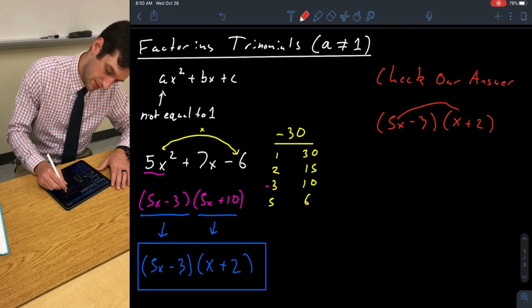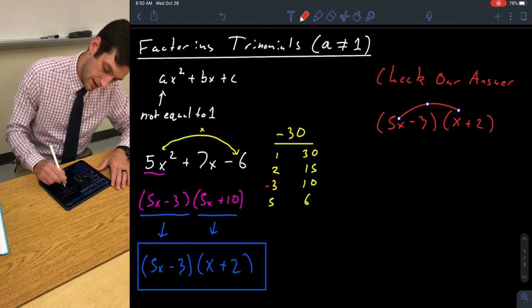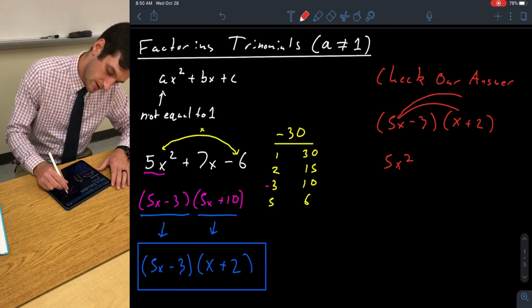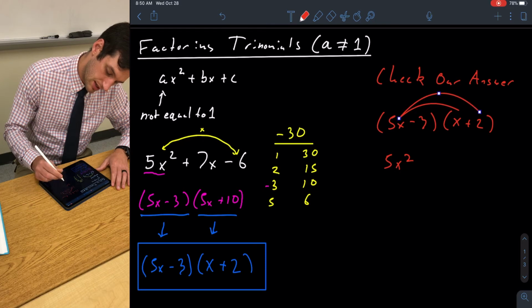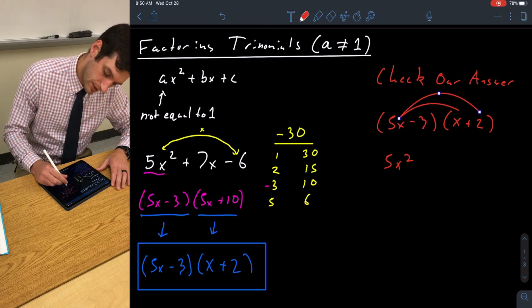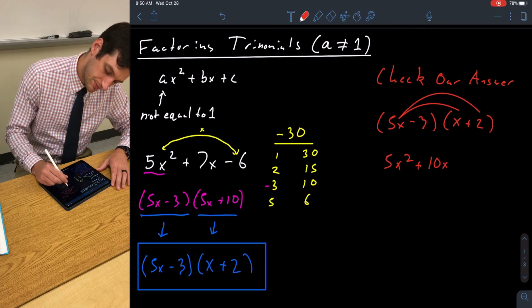Okay, so let's start out with 5x. 5x times x is 5x squared. 5x times 2 is positive 10x. Negative 3 times x is negative 3x.